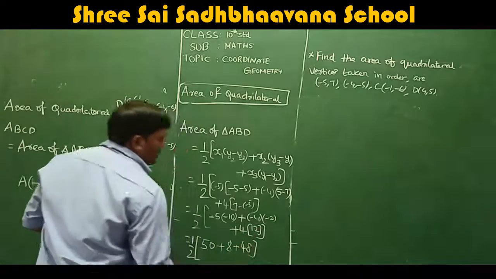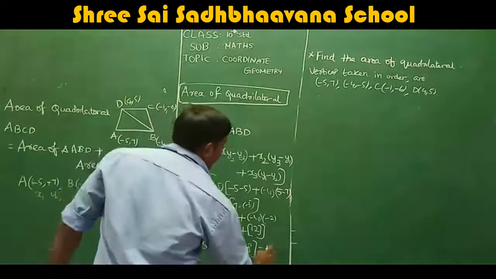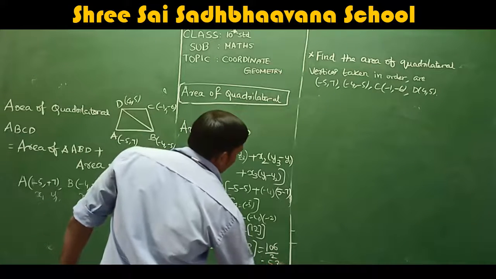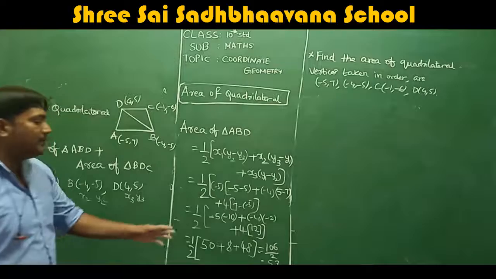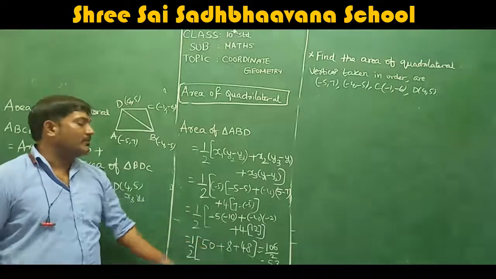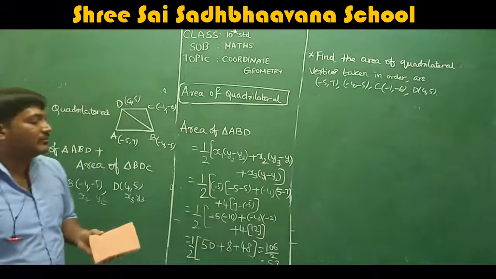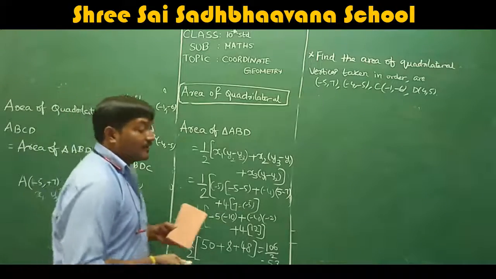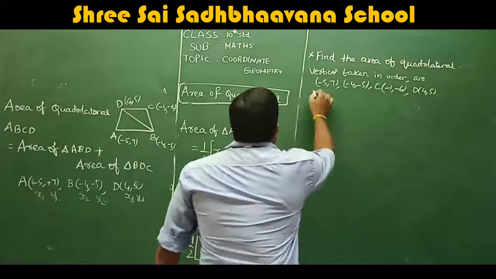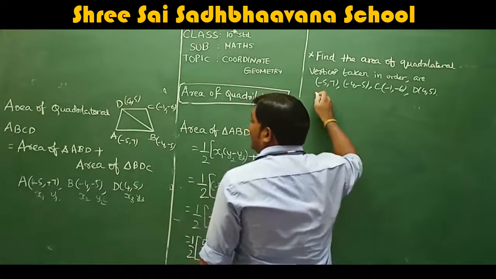So the answer will be 106 by 2, which is 53. Got it? Similarly, we have to find the area of triangle BDC.